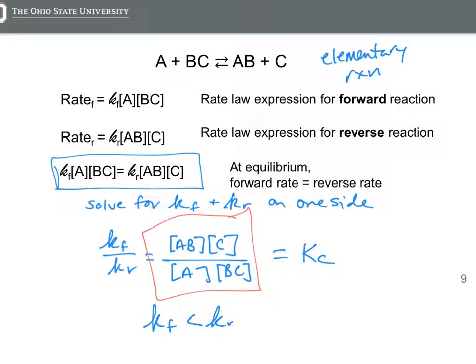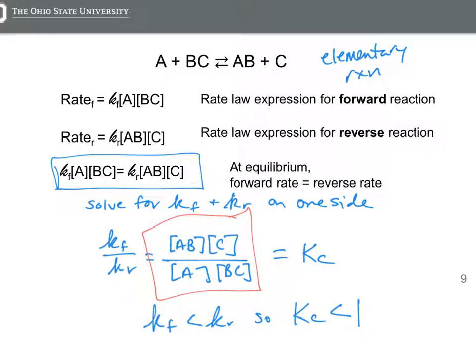All right. So should K sub C be greater than or equal to or less than 1? We got less than 1. Yes. So if that's true, K sub C is less than 1.